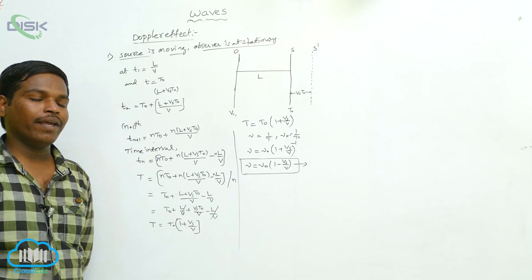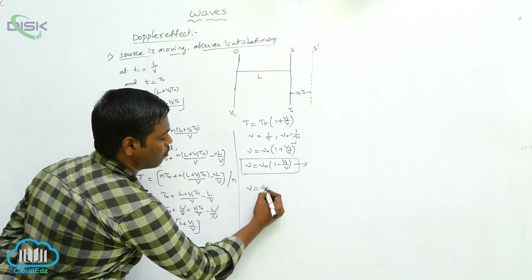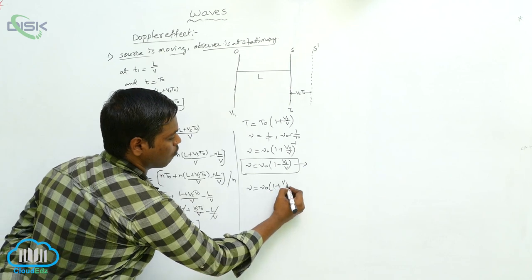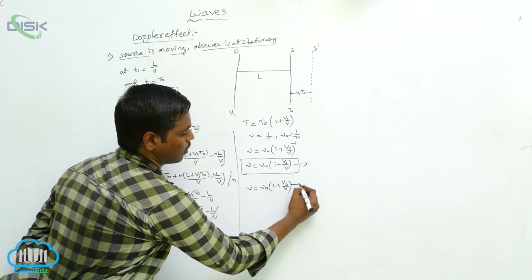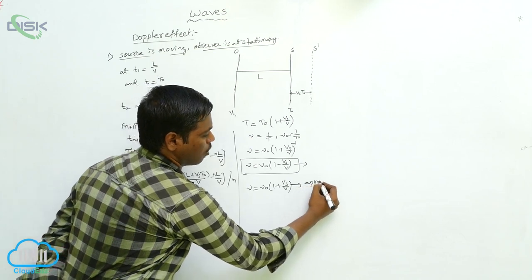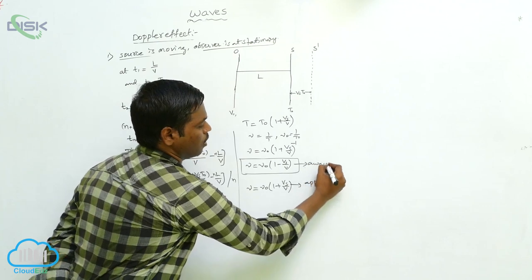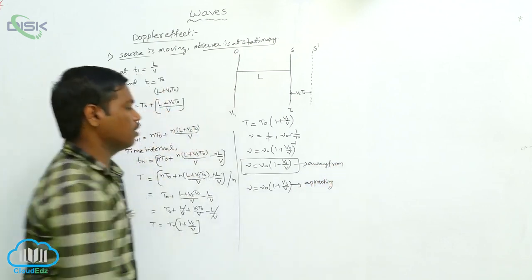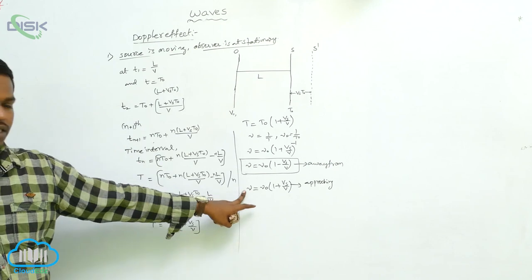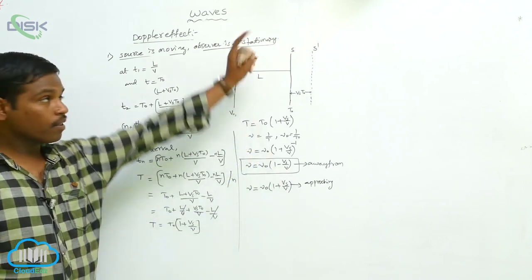If the source is moving towards the observer, approaching the observer, then nu is equal to nu naught into (1 plus Vs by V).